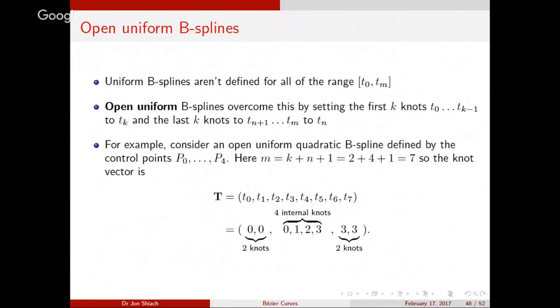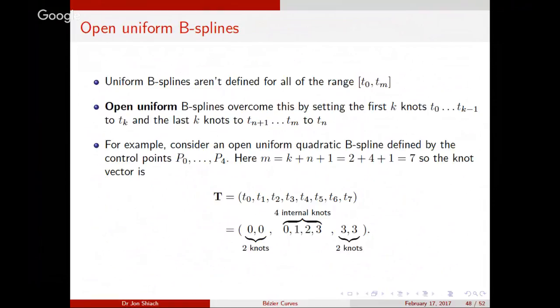It's a quadratic B-spline, so k is 2, and I've got 5 control points, so n is 4. So m is equal to 7, and I've got 8 knots. Now k was 2, so the first 2 knots are going to be the same value as Tk.